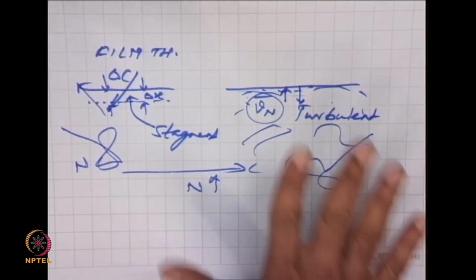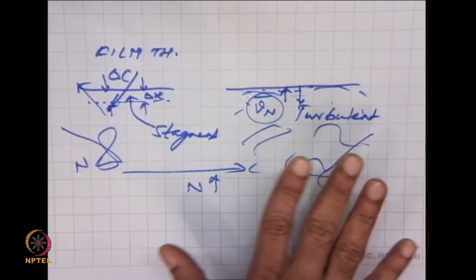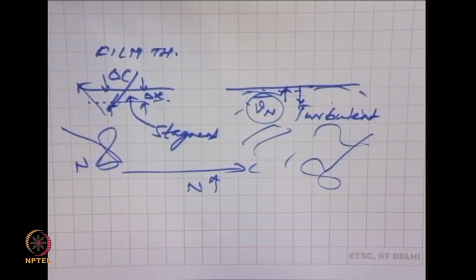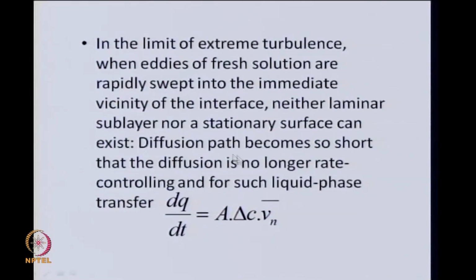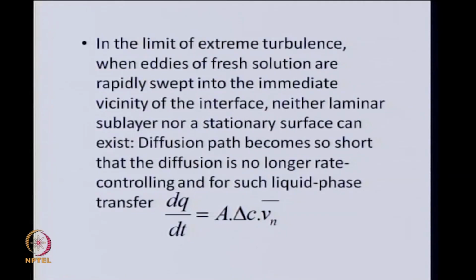So, this is one extreme example that you can imagine. In that extreme turbulence case, the fresh solution will come in the form of eddies rapidly to the surface and then will be swept back into the bulk. Now, we cannot have even that very thin laminar sublayer. We should forget about the stationary surface. There is no stationary surface, there is not even a laminar sublayer.